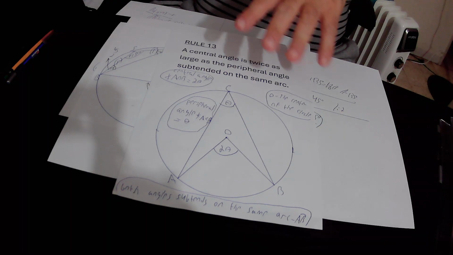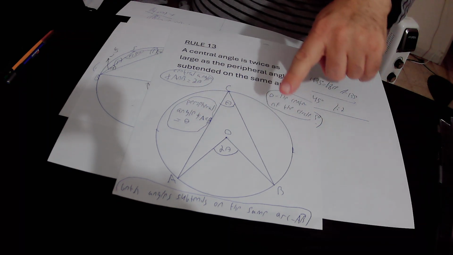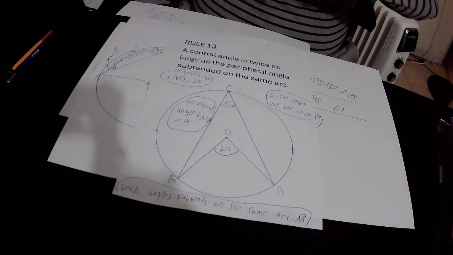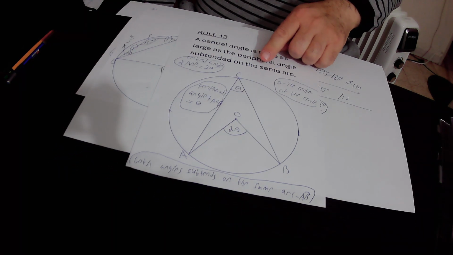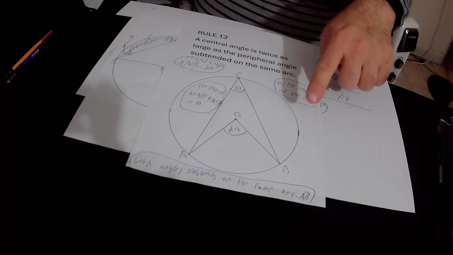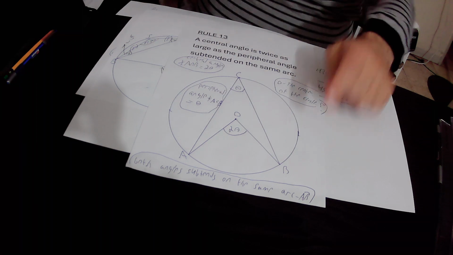So in the drawing we have a circle, inside this circle we have peripheral angle ACB. This peripheral angle ACB equals theta in its size, and peripheral angle ACB is subtended on this arc RKB.